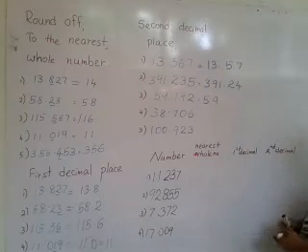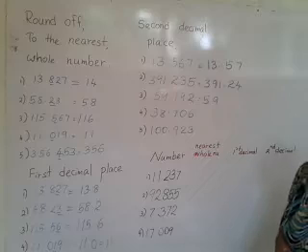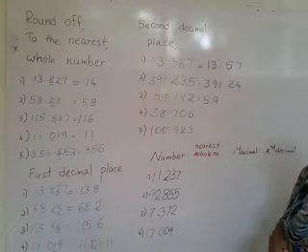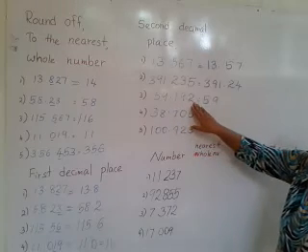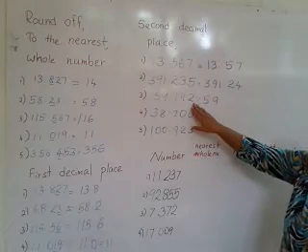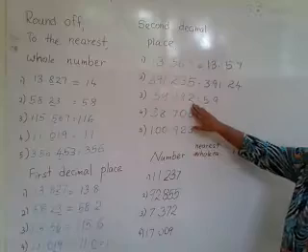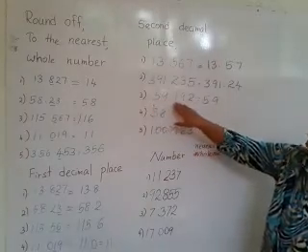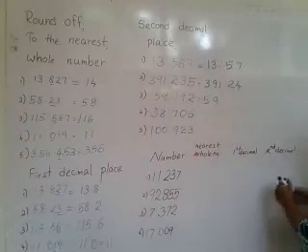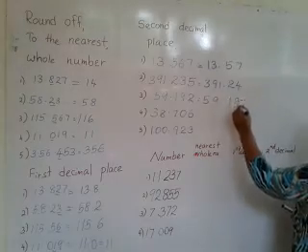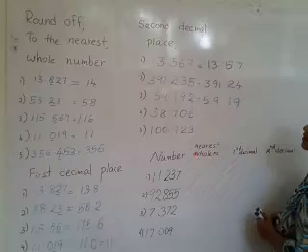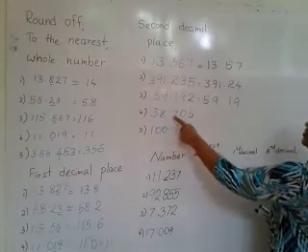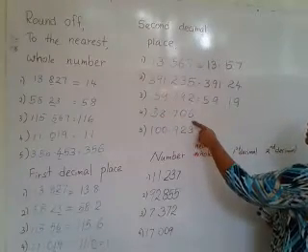59.19 and 59.2 we must consider, because our number is 59.192. Which number is it closer to? It is closer to 59.19. The other one, 38.706.